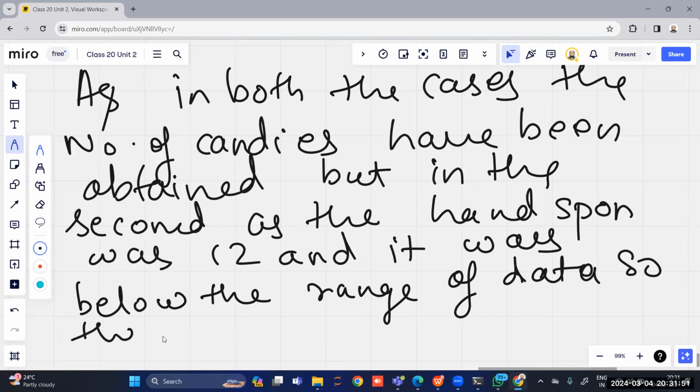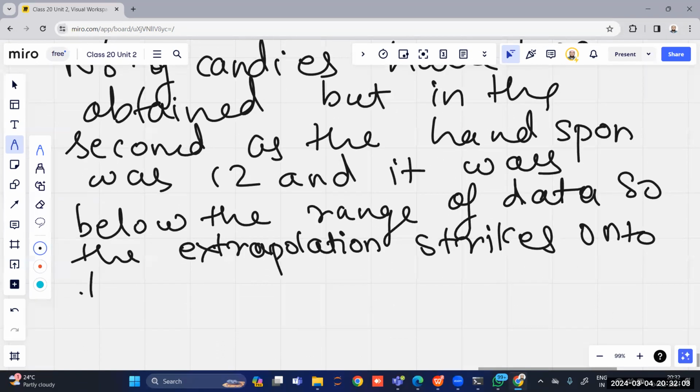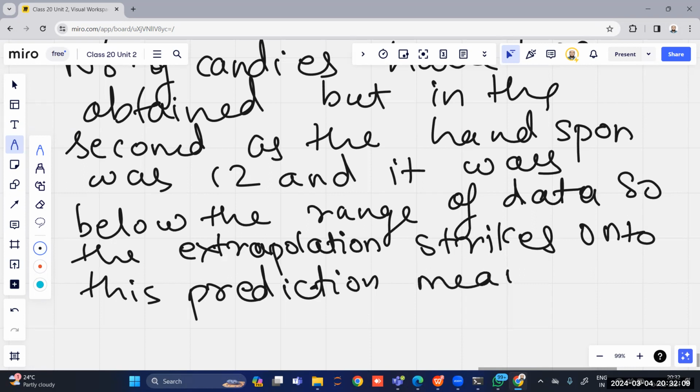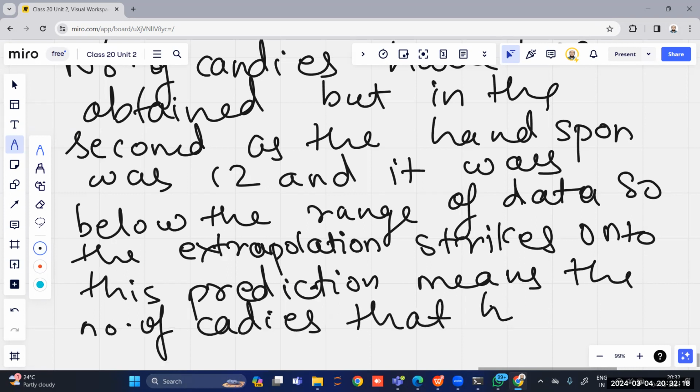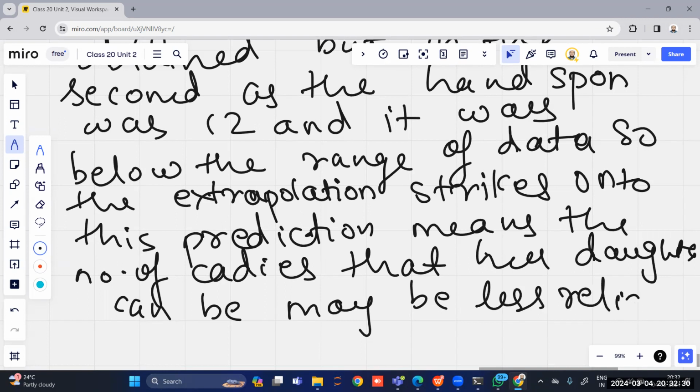So the extrapolation strikes onto this prediction, meaning the number of candies that her daughter can hold may be less reliable in our calculation. Did you get that answer?